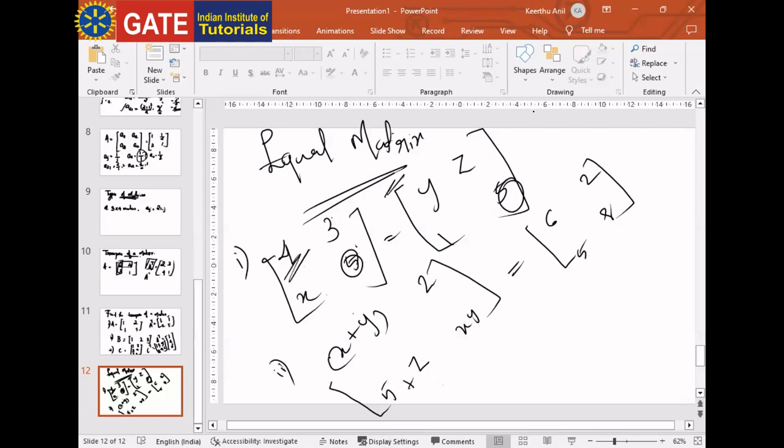X can be 1, 3 can be z, and this earlier was 0. So the corresponding terms will be equating. 4 and 5 will be equating, 3 and 7 will be equating. Understood? We will be equating the terms which are coming at the same positions. It's okay, Chetan? Okay, right? Yes, ma'am. Understood, ma'am.